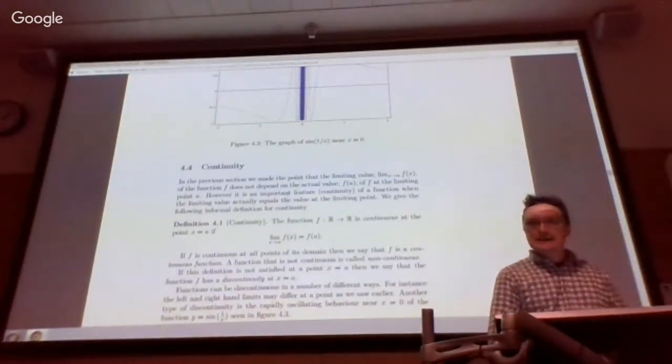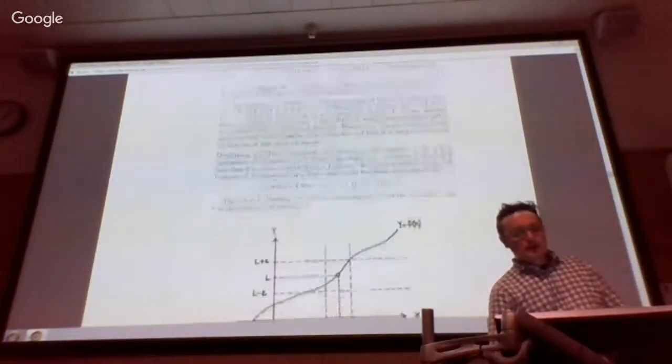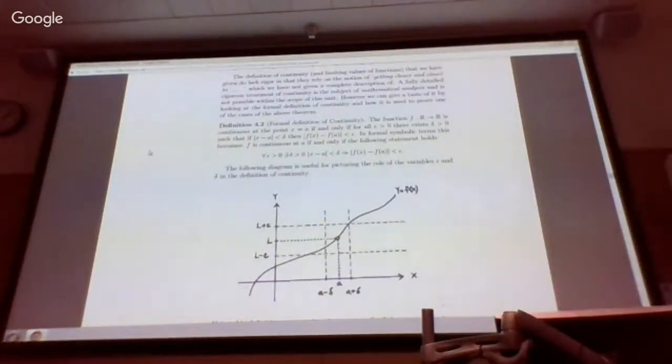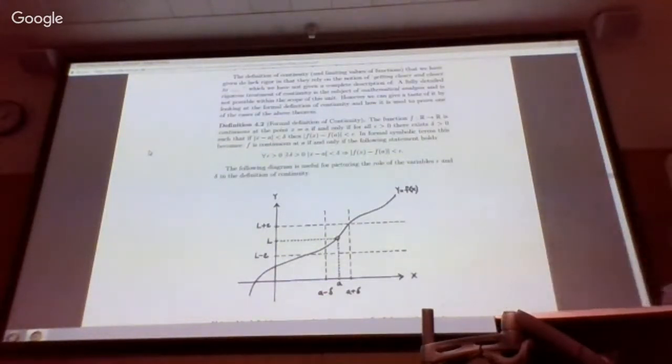Now this one we did give a formal definition to. And the formal definition is very much the analogous thing to the formal definition of convergence for functions. This here in this displayed equation is the formal definition of continuity.